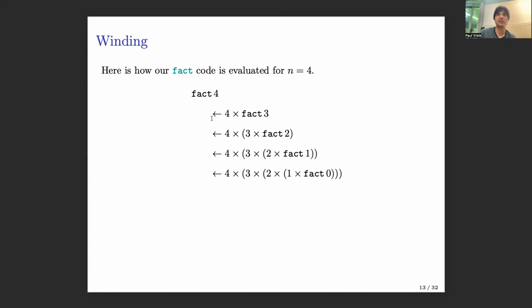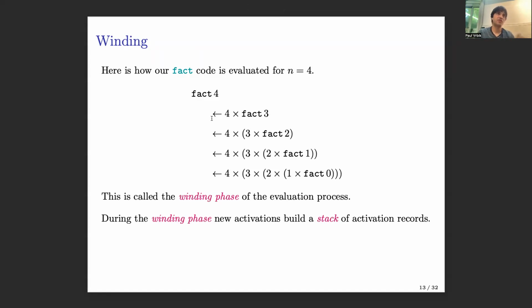Surely you've heard of this before, but this is called the winding phase of the evaluation process, where we're getting rid of all function calls, until we get down to some point where no more function calls are required. During the winding phase, new activations build a stack of activation records. An activation is just an invocation of the function itself. So you start with some function, you activate, and then eventually all of your function calls disappear, or they become the base case.